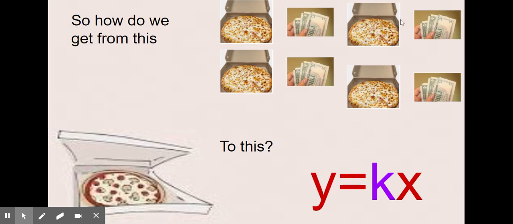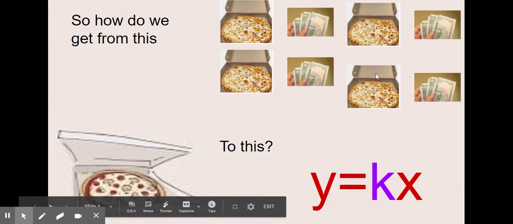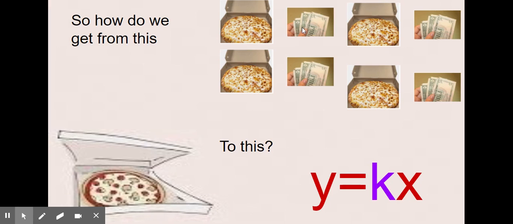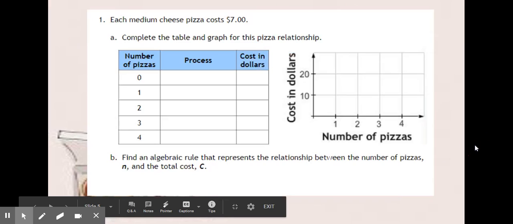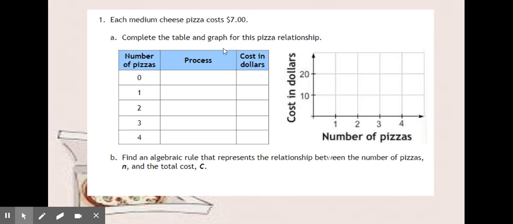So we're going to be taking this information, the 1 pizza for $7, and we're going to turn it into y equals kx. To do that, we can start with the table, but notice our table has an extra column in it that we have not had before.